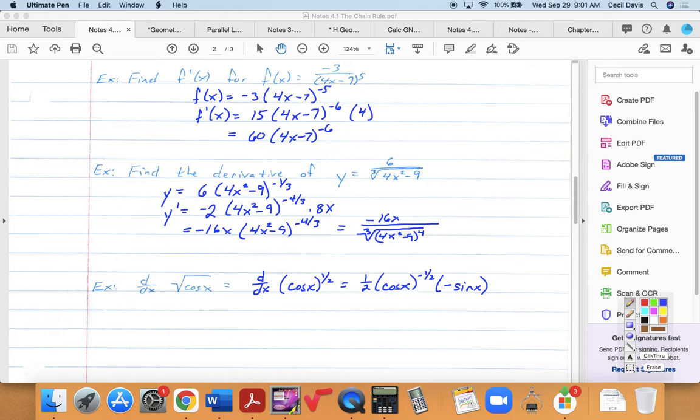And then again, typically we'll rewrite this so that it's back in radical form. So that would be negative sine of x over 2 square root of cosine of x.